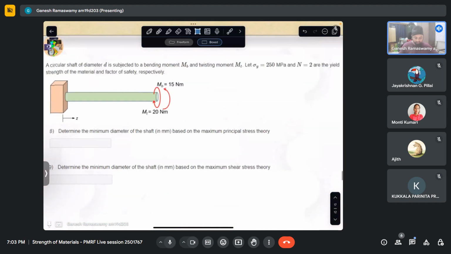A circular shaft of diameter D, so we have the diameter given to be D, is subjected to a bending moment MB.